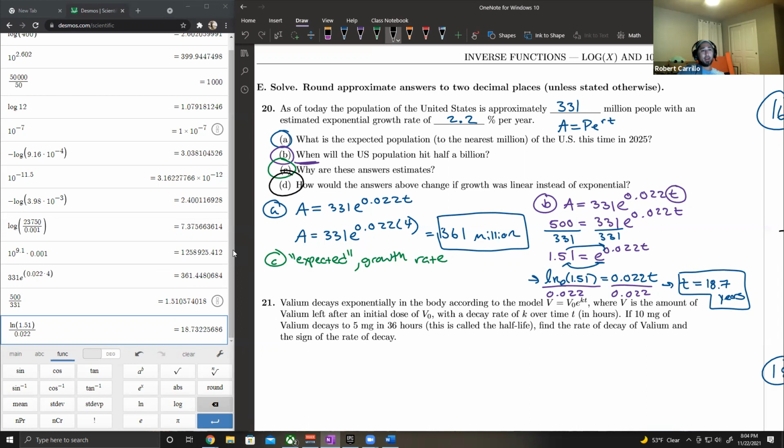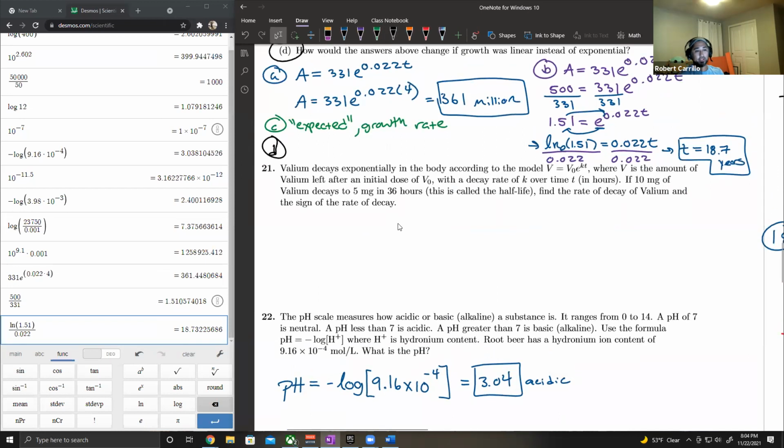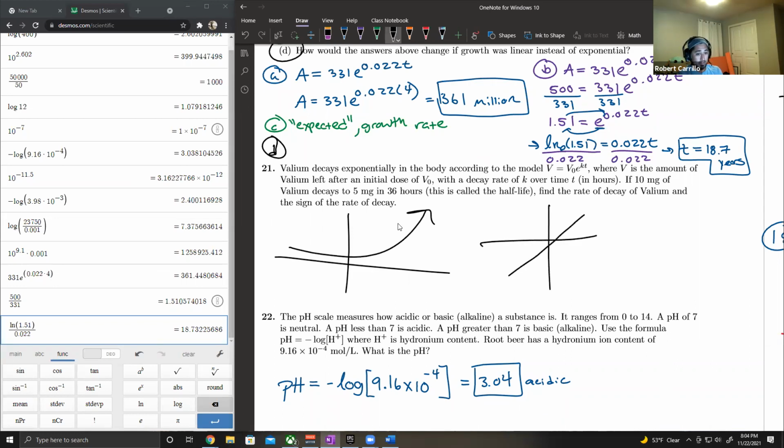And then last, how would these answers above change if growth was linear instead of exponential? So this means you have to think about linear models and exponential models. What we've seen so far when graphing exponential functions is that they have a curve. Linear models, we've graphed linear functions before. Linear functions are just a line, of course.